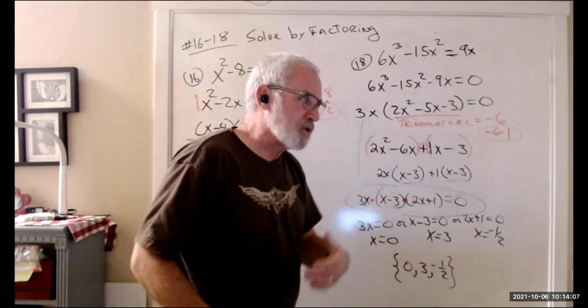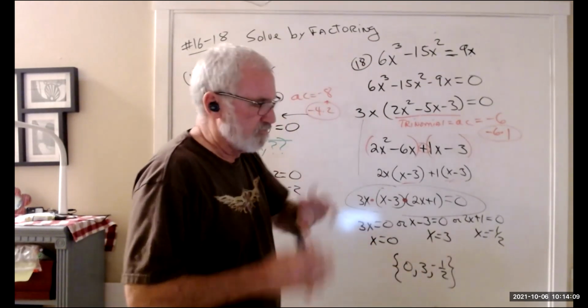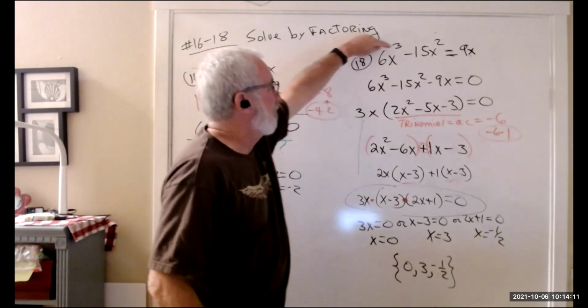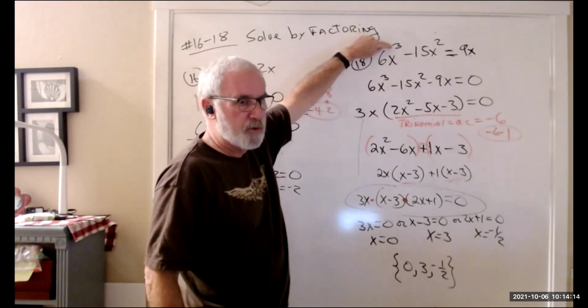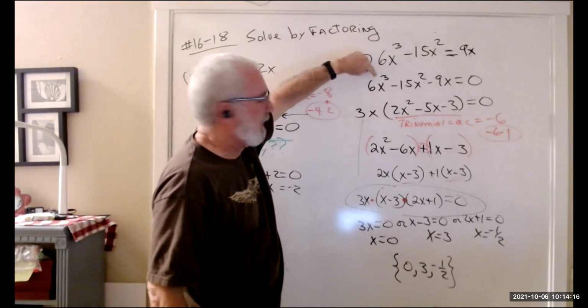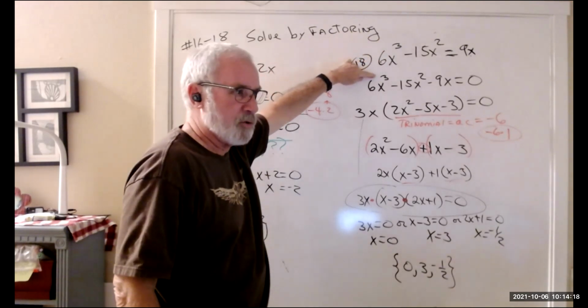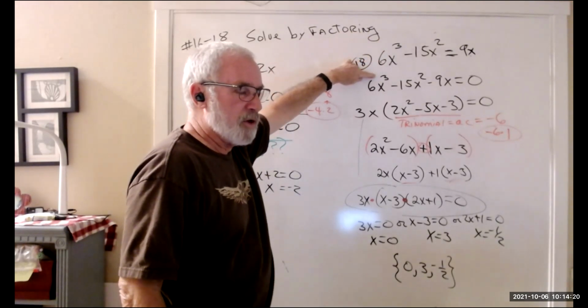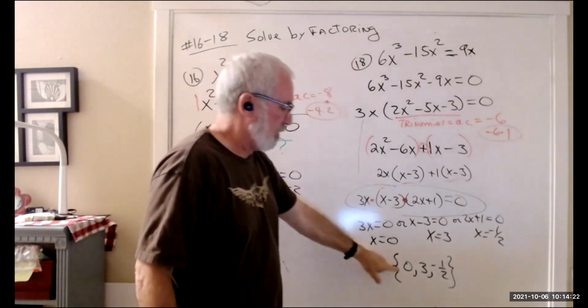There are exceptions to this rule, and there's reasons for the exception. But if you have a third degree equation, after you make it equal 0, then you're going to get 3 answers here.